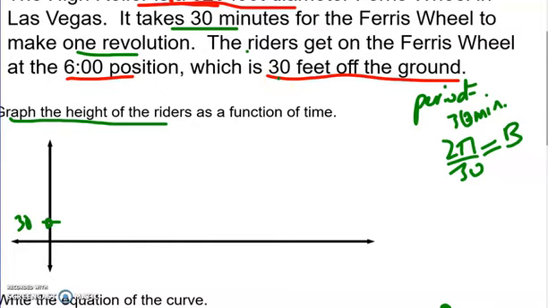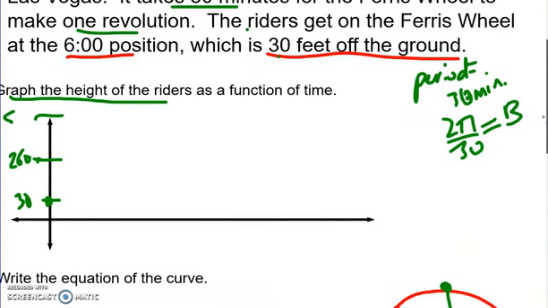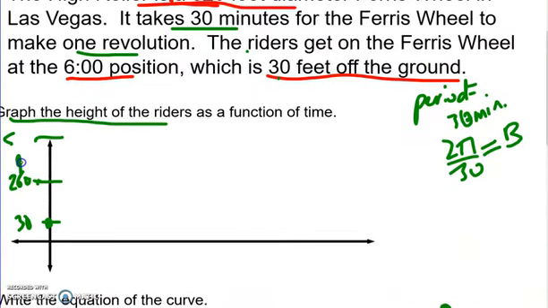Then the riders go up. 260 feet is halfway up that Ferris wheel, so 260 plus 30 is 290.